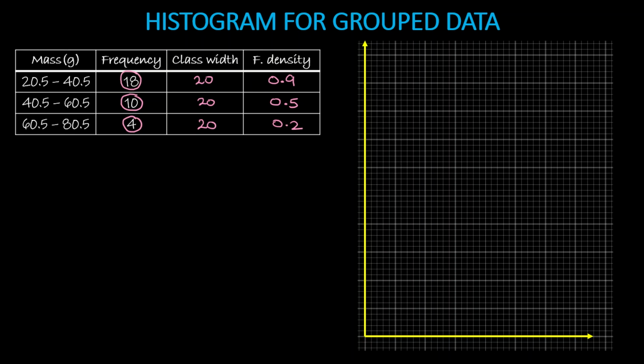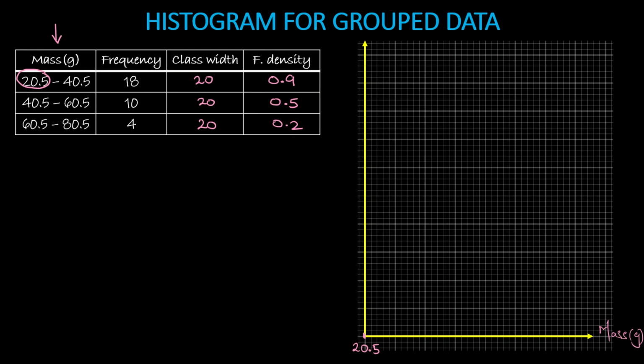Now all we have to do is to display this information on a histogram, right? So our horizontal axis will denote mass, so we write it here. Horizontal axis represents mass in grams, right? And the interval starts with 20.5, so we start with 20.5 on the horizontal axis. Again we have to adopt the scale.